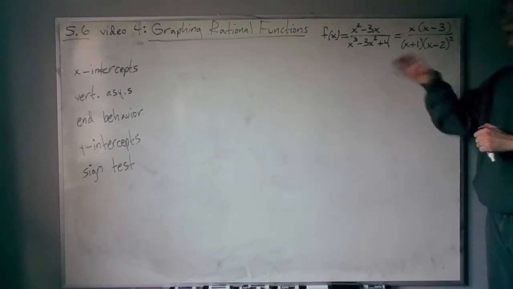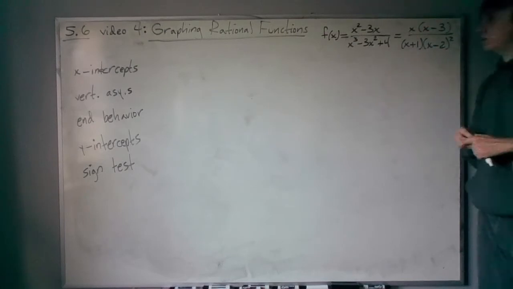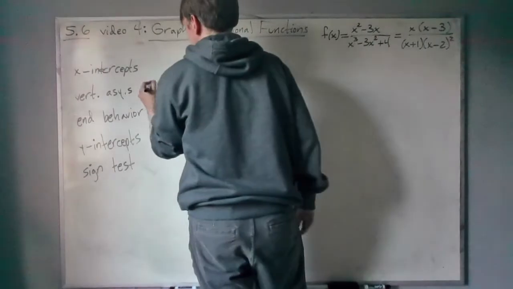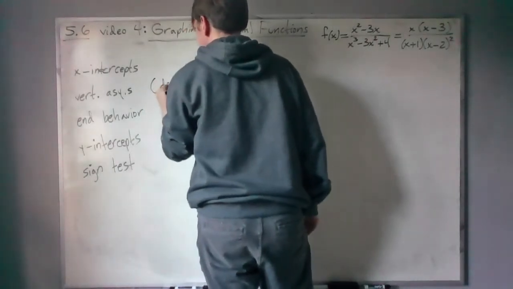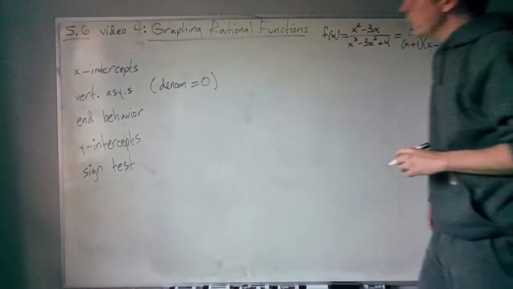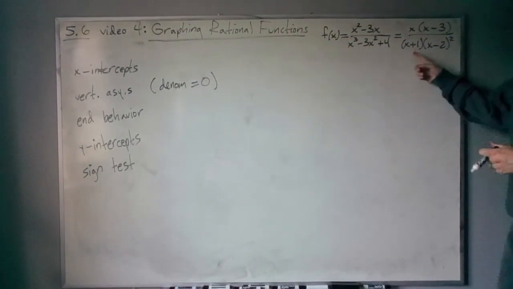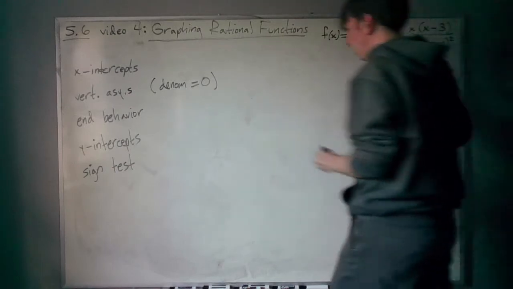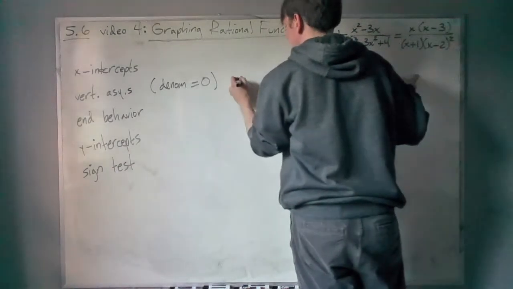I'm actually going to do my vertical asymptotes before I do my x-intercepts. So vertical asymptotes, we said, means the denominator equals 0. And the denominator is 0 when x is negative 1 and x is positive 2. So hopefully everybody can just see that.